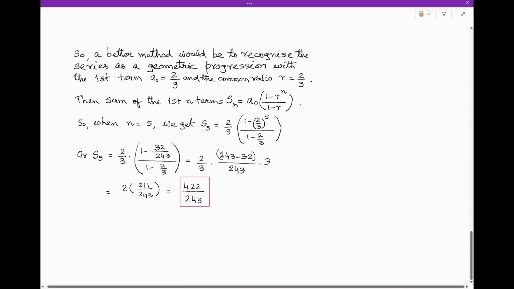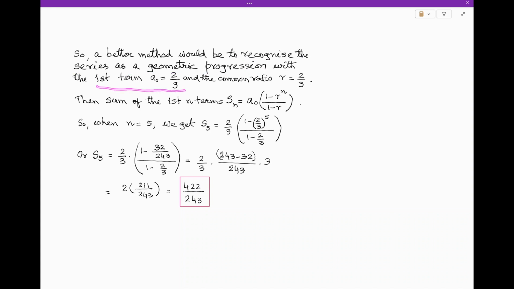So, a better method would be to recognize the series as a geometric progression with the first term a0 equal to 2/3 and the common ratio r also 2/3.